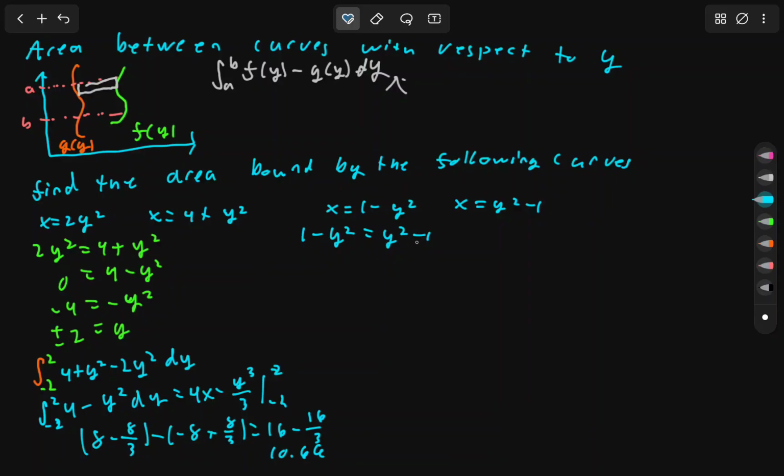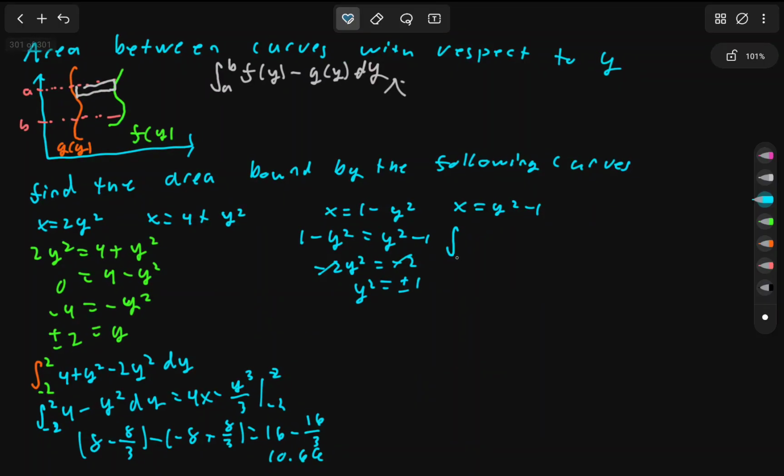Well, we get the y squareds on one side, so we get negative 2y squared is equal to negative 2. The negative 2's cancel, so we get y squared is equal to 1, so y is plus or minus 1. So now we just have to integrate from negative 1 to 1.